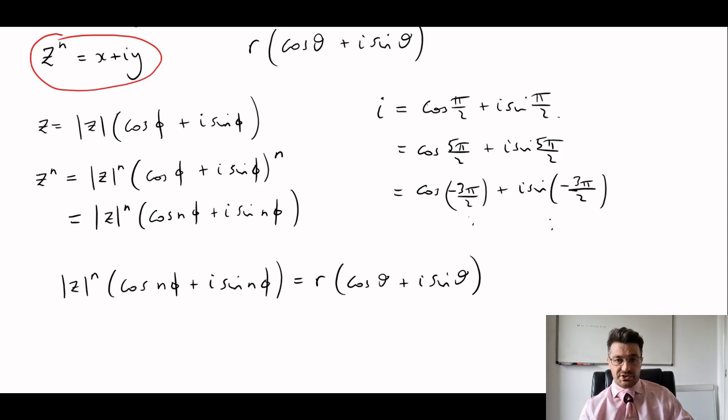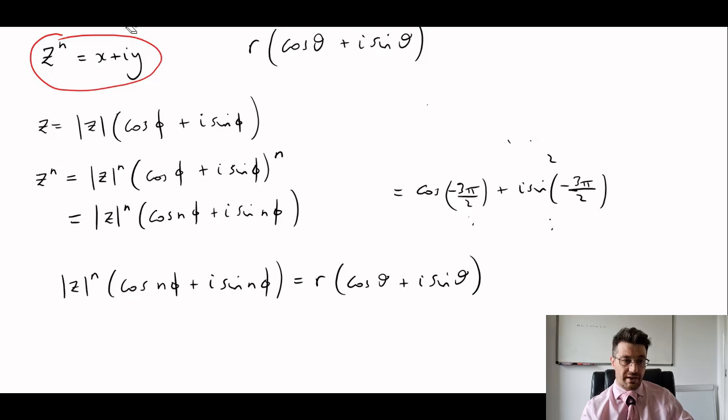So what we want to do is restrict things so that we've got unique representations for our complex numbers. So we're going to restrict the range of values of theta and the range of values of phi. We're going to restrict to a 2 pi range. Remember sine and cos are periodic functions.